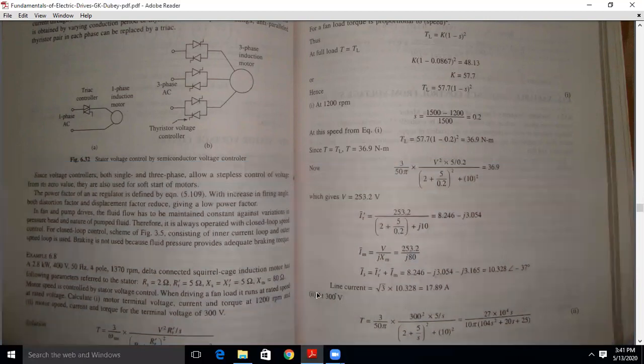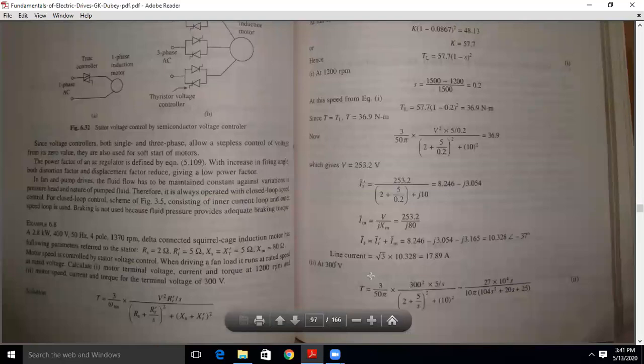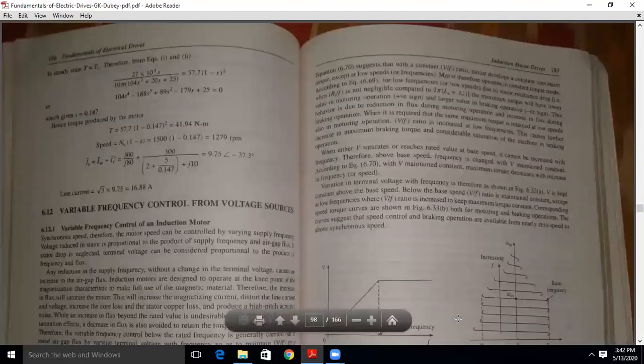This is the first point. Then, the second point: at 300 volt, the motor speed, current and torque are asked. Again we need to take the torque equation first: 3 divided by omega_s, 300 square into 5 divided by S, over (2 plus 5 divided by S) square plus 10 square. We need this equation to calculate the S value.